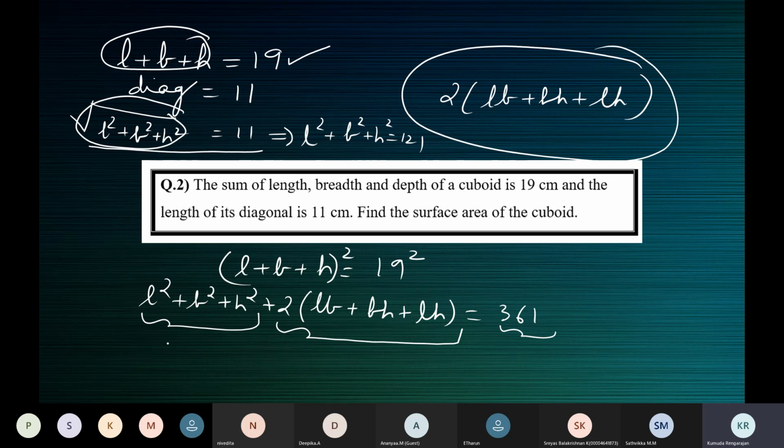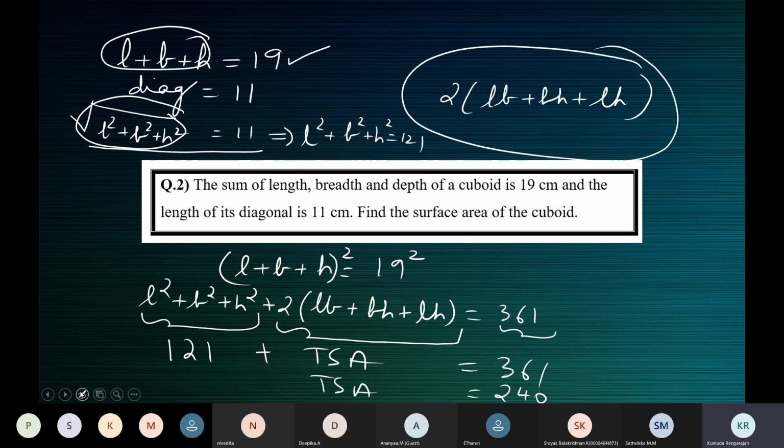So substitute that: 121 plus TSA is equal to 361. So the TSA is equal to 361 minus 121, which is 240 centimeters square.